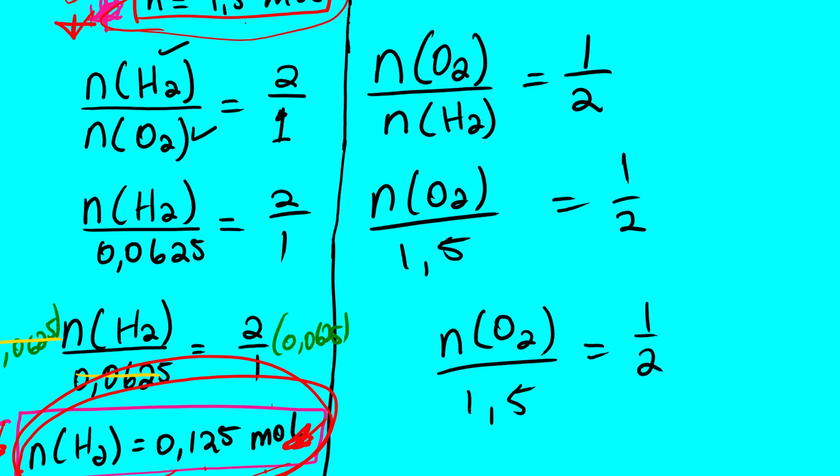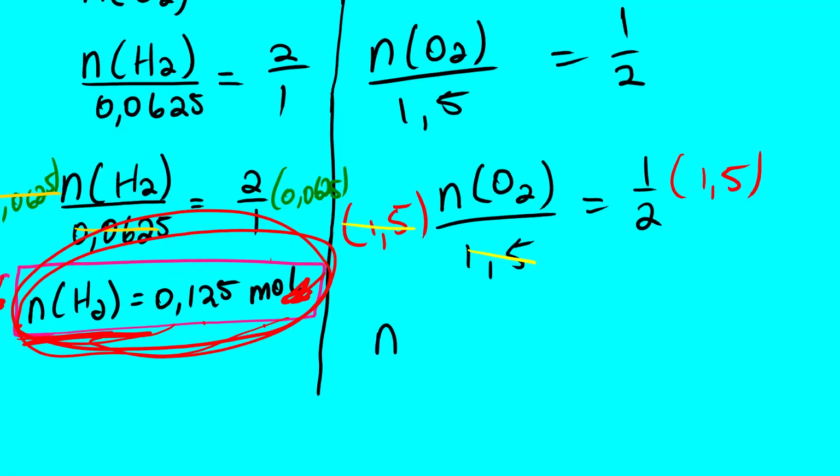So you multiply both sides by the number causing the fraction, which is 1.5, and this will result into 1. And then we have N of O2, number of moles of oxygen, is equals to 0.75 mole.